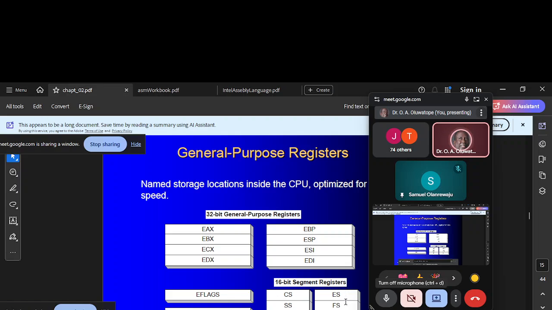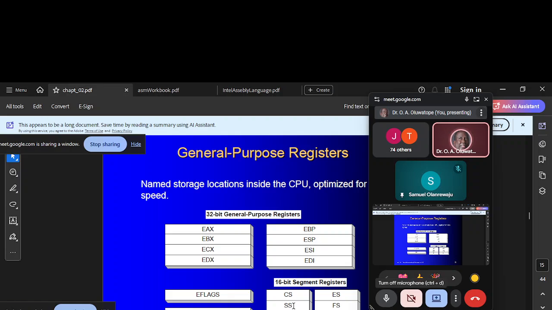These are segment registers. There are 6 of those. CS stands for code segment. That register contains the address of the segment that contains your code. SS stands for stack segment. It contains the address where your stack is defined in the memory. DS stands for data segment.